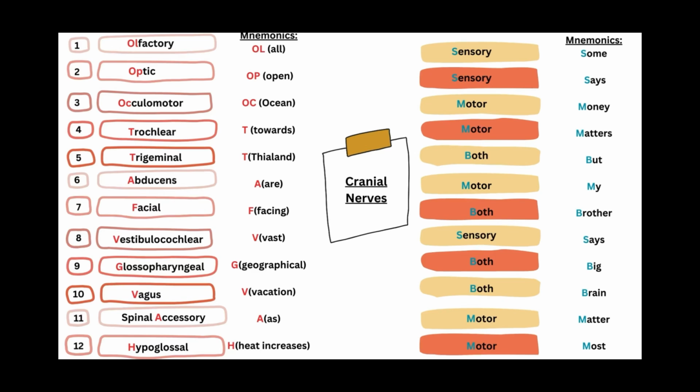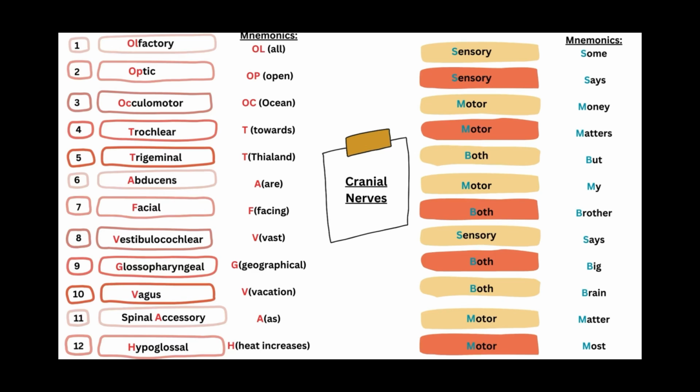I'm planning to make a separate video of each cranial nerve, but it's important to memorize them in sequence. Along with that, we need to know which one is sensory, which is motor, and which cranial nerve is both. This is how I remembered it: some say money matters, but my brother says big brain matter most.